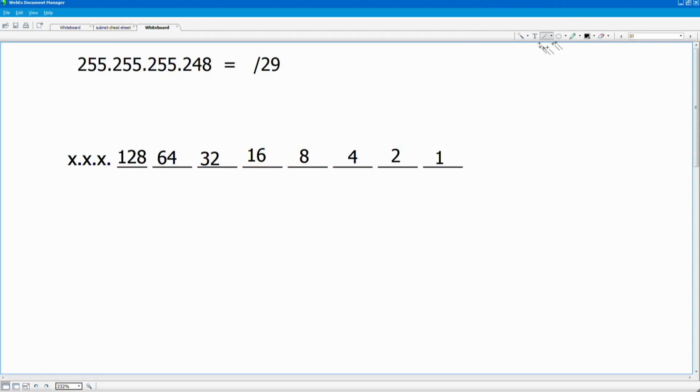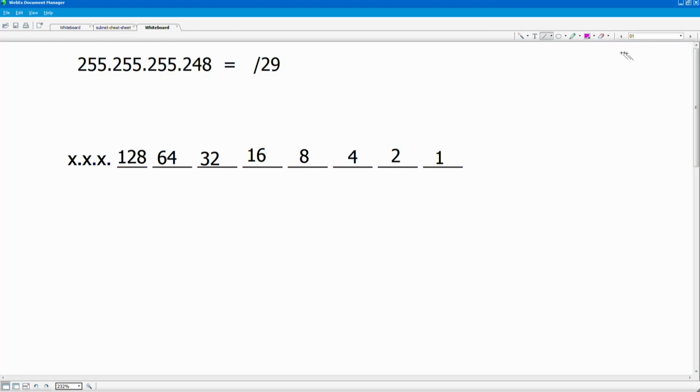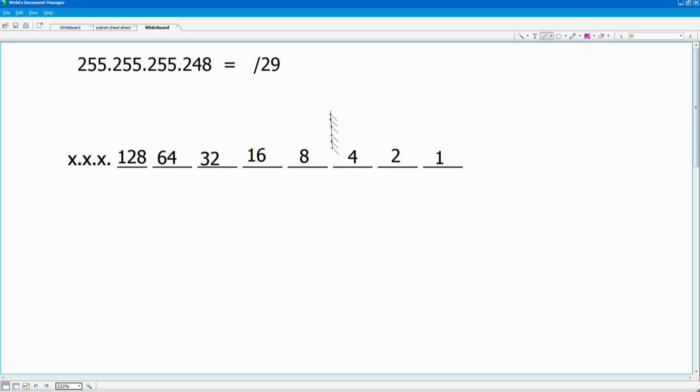Okay, and when I put my dividing line as a /29, which was right here, so I got 24 bits plus 5, /29. Now I know that all of my networks are going to be in increments or multiples of 8.